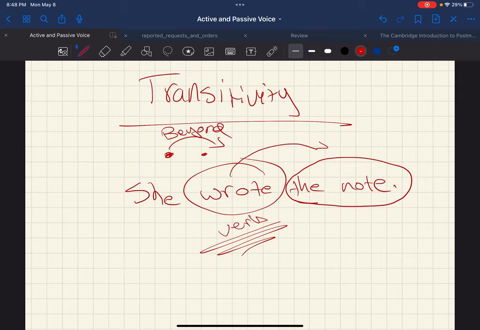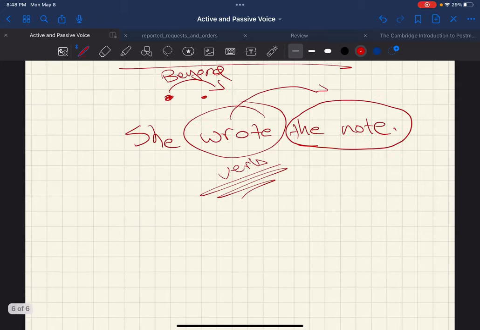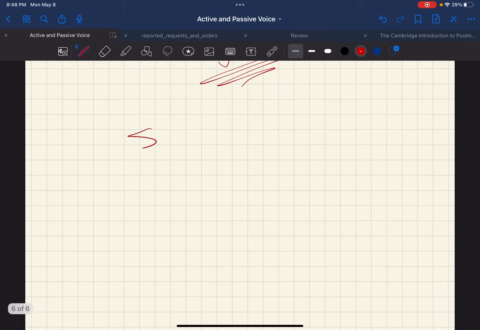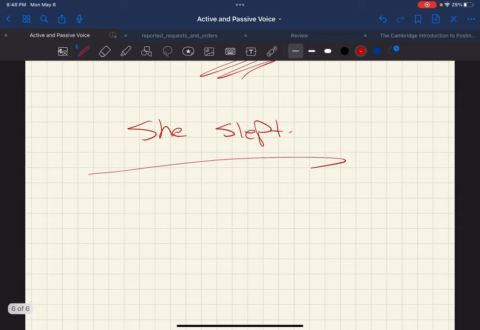Now, if you have something like this, she slept, there is no object here. So this sentence can't be turned into passive. Why? Again, no object. She slept makes perfect sense on its own. She slept, that's it. You can't ask the question to find out the direct object.